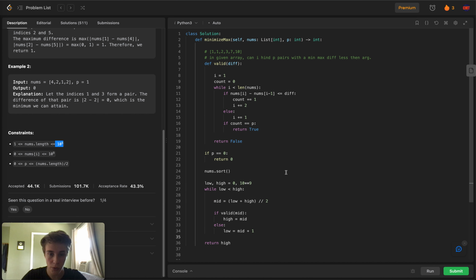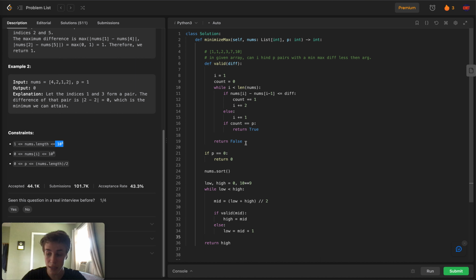And now that I'm doing that, the next step is a greedy thing. It's a greedy algorithm. What I'm doing here is iteratively going through all possible pairs and seeing, does this pair match the difference that I'm asking?